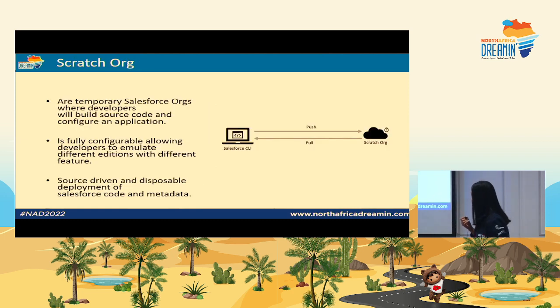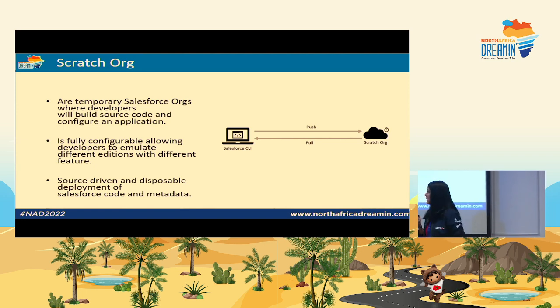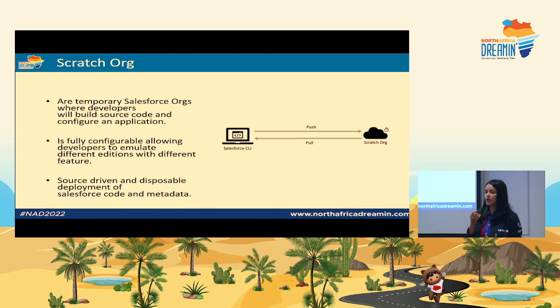Next thing you would do is an introduction of the Scratch org, which is the Salesforce way of introducing the local environment, which is something that we never had. It's like having Salesforce on your local machine. Well, it's still not on your local because you still need internet, and it's hosted on Salesforce servers.